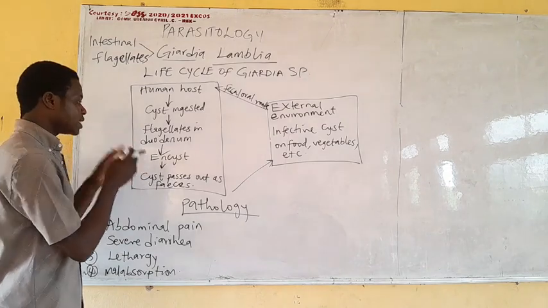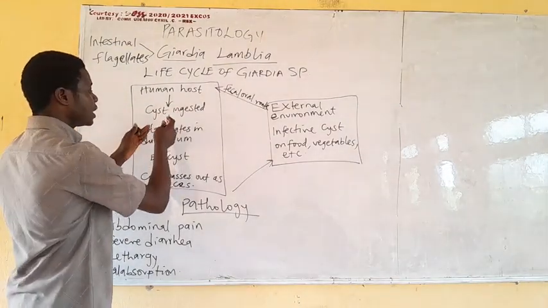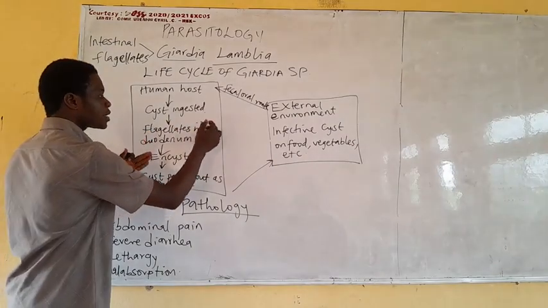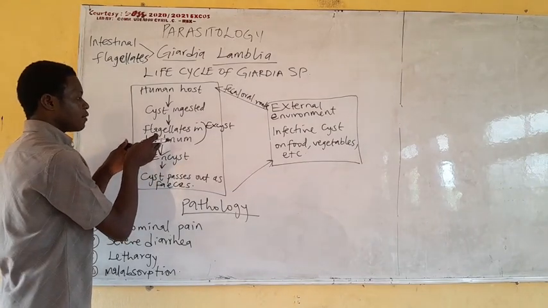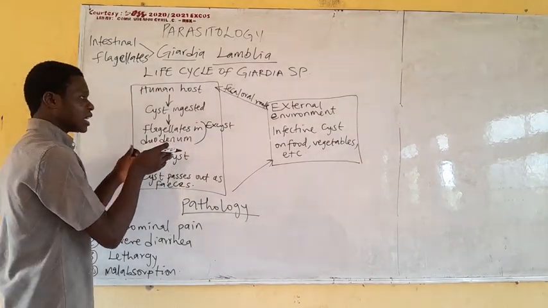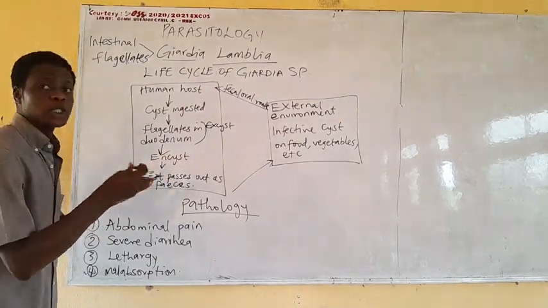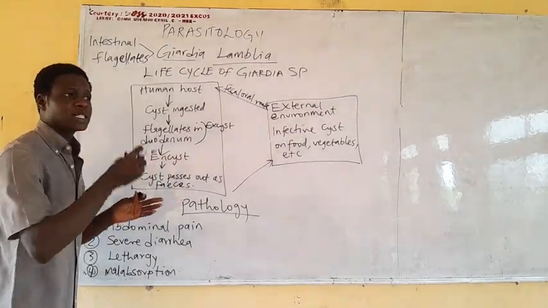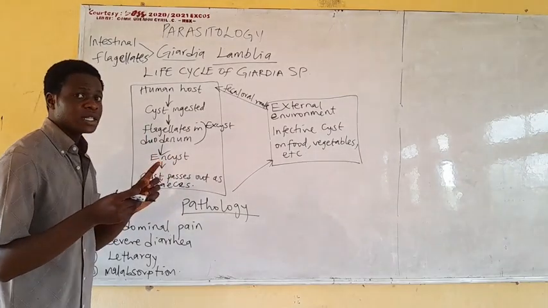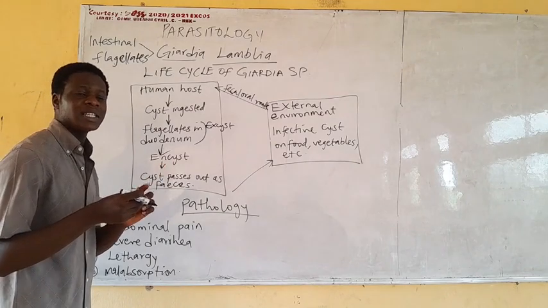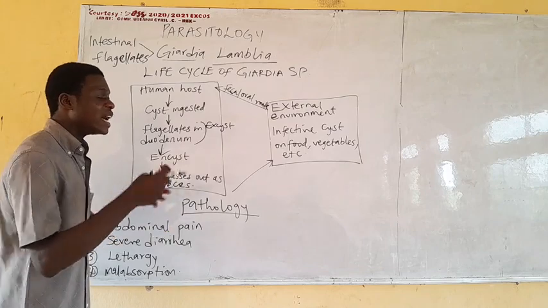Then it excysts. Remember that when the cyst is being digested, it excysts as it forms flagella and flagellates. As it forms flagellates, it exists at this stage and multiplies. Remember that I told you earlier, when we did the protozoa characteristics, that during multiplication or division of parasites, they exist.